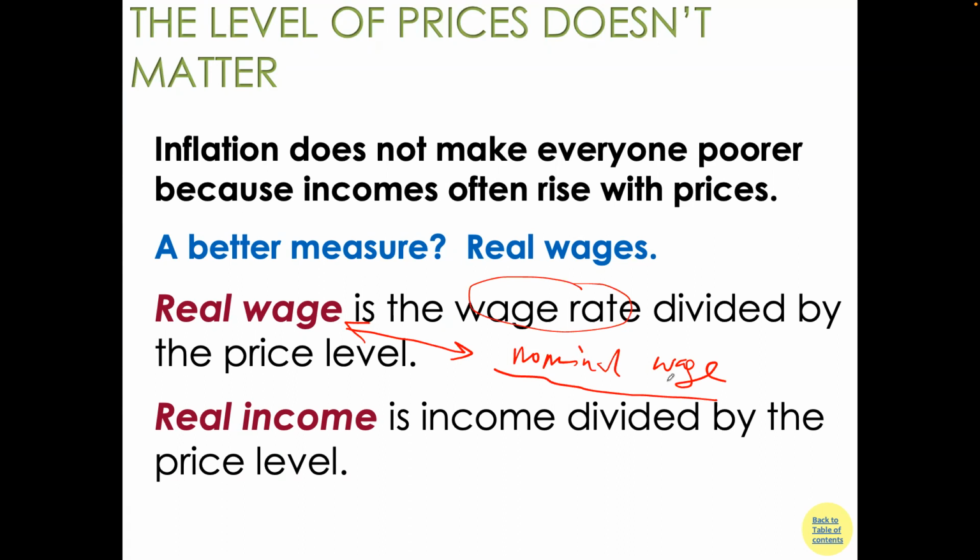So the difference between nominal wage and real wage is that we get rid of the inflation. Because when you divide by price level, you get rid of inflation from your nominal wage growth. Similarly, real income is the income divided by price level.